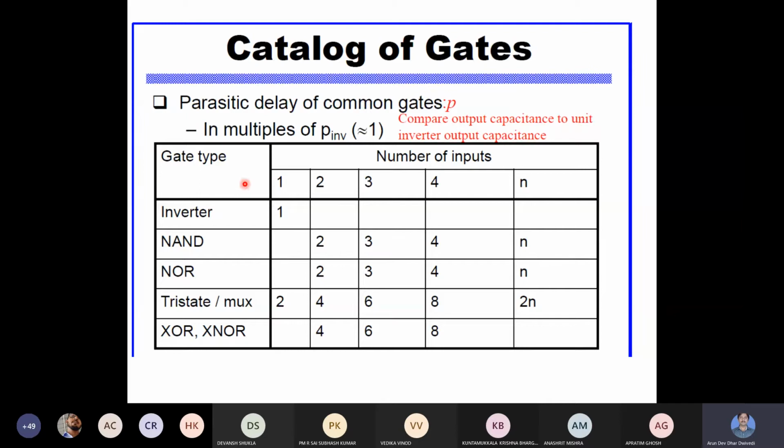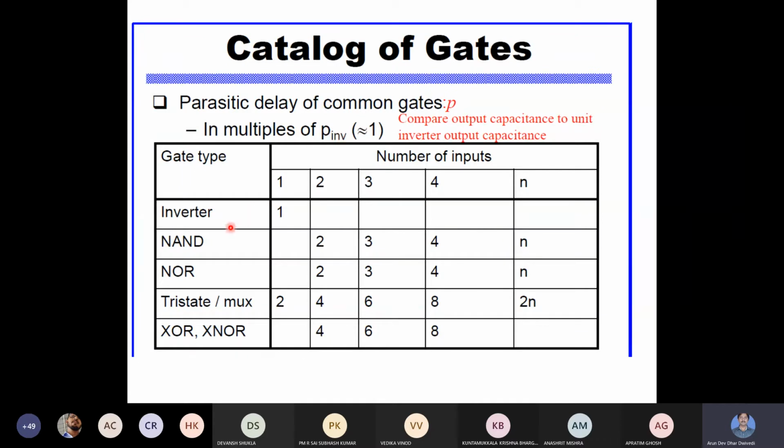So let us see the gate types inverter, NAND gate, NOR gate, tri-state or MUX, and XOR, XNOR, with the number of inputs defined as 1, 2, 3, 4, and n, and how the value is modified depending on the number of inputs. For the inverter there is only one input.